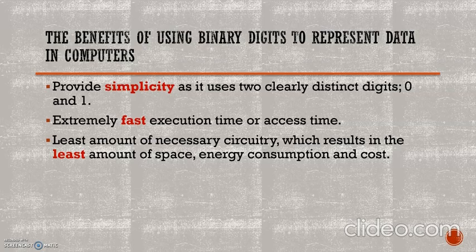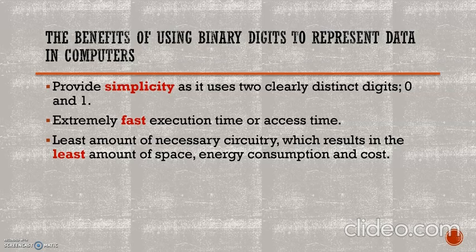So it provides simplicity. That's the first reason. The second reason is since 0 and 1 directly relate to on and off, it means no translation time. So it provides fast execution time or access time.